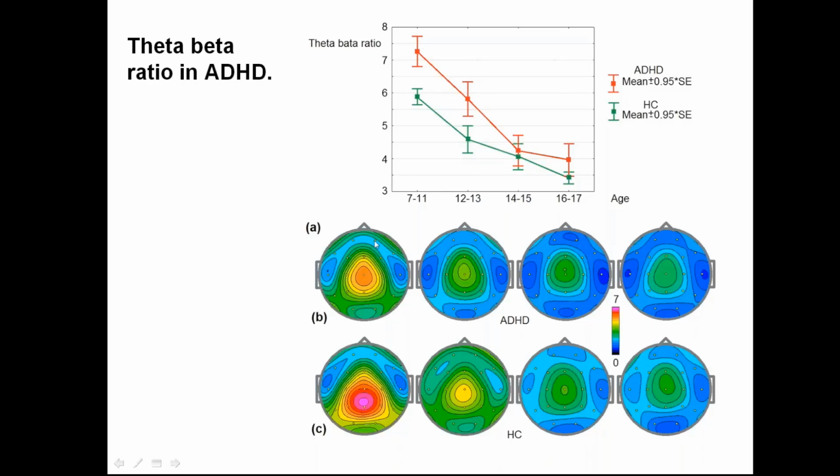So on the y-axis, different age groups. On the x-axis, this is the theta-beta ratio with standard deviations, and you can see that the ratio can indeed discriminate ADHD subjects from healthy controls at early age, but not in advanced age, not during adolescence.